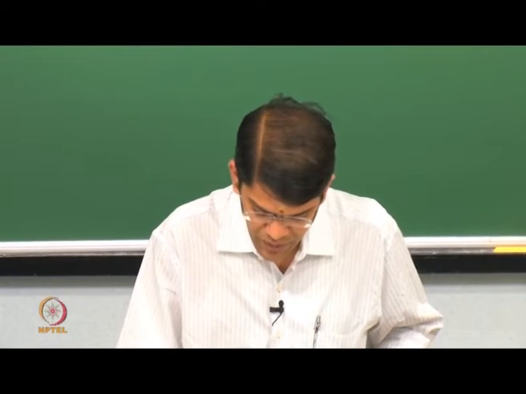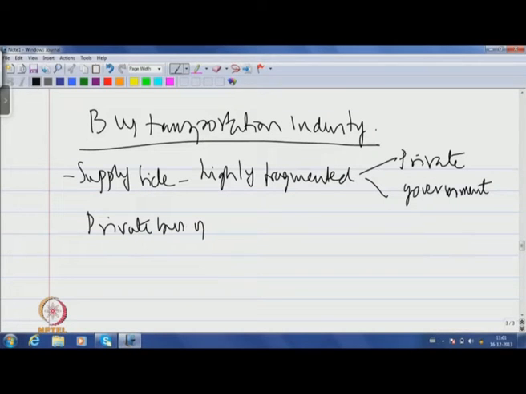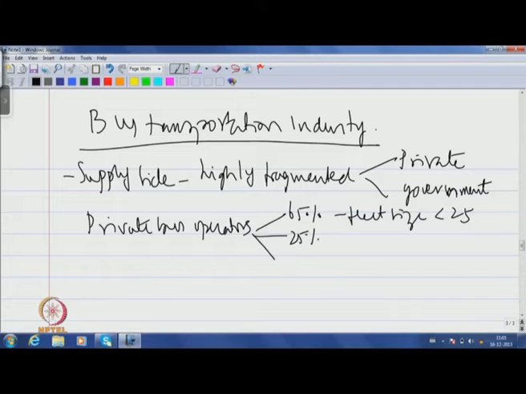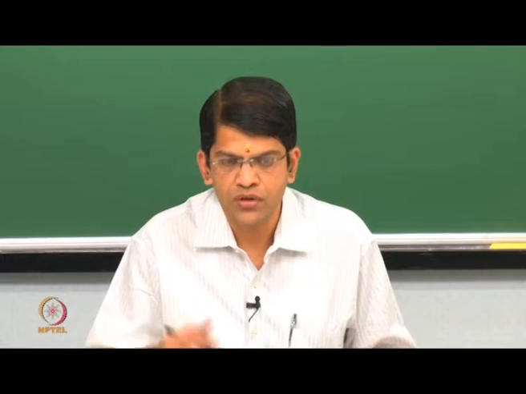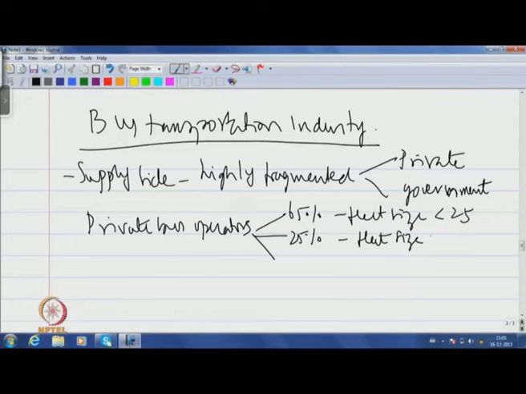But it was very, very highly fragmented, so much so that amongst the private bus operators, 65% of the bus travel was provided by bus operators whose fleet size was less than 25, and 25% of the travel was served by bus operators whose fleet size was less than 75, and the remaining 10% could be those big ones whose fleet size was greater than 75.